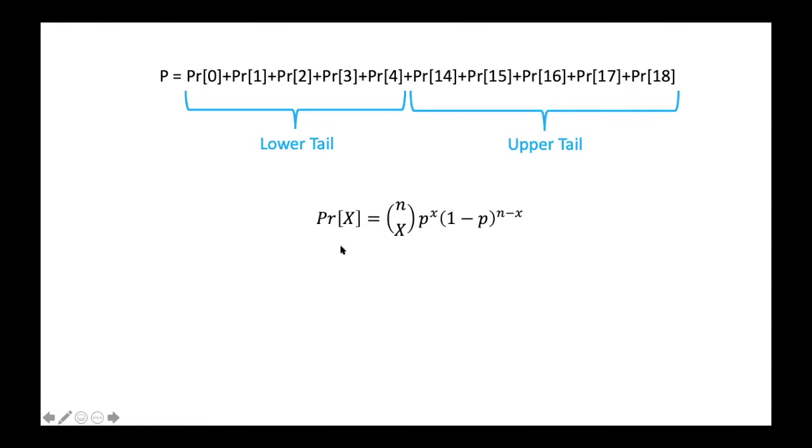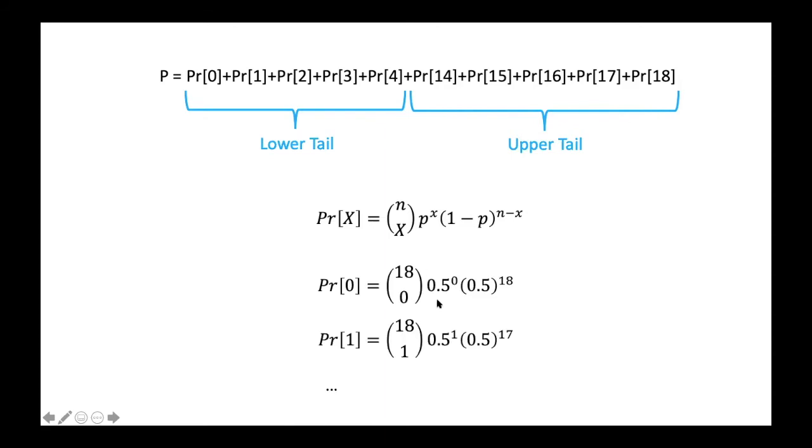And we can use this calculation from the binomial distribution to calculate each of these probabilities. So we can calculate the probability of getting 0 out of 18 observations as being right-handed by 18 choose 0 multiplied by the null probability in this population raised to the power of the number of successes multiplied by 1 minus the null probability raised to the power of the number of failures.